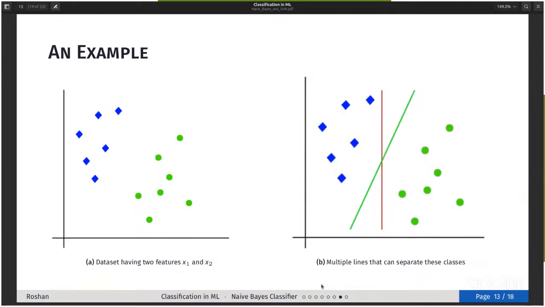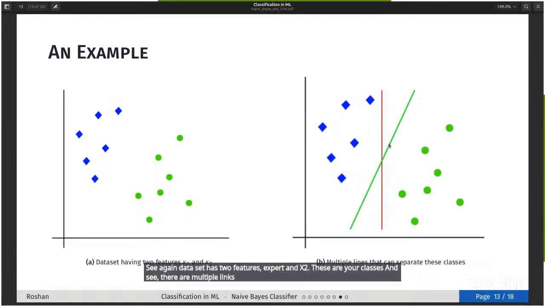See, again, a data set has two features, x1 and x2. These are your classes. And see, there are multiple lines that can separate them. I can do it like this, I can do it like this. How many lines do you think I can draw here?